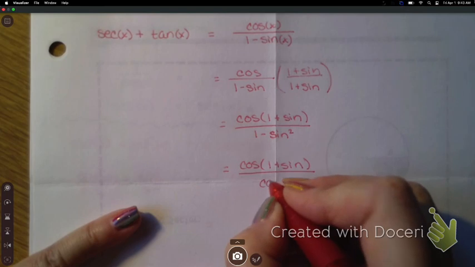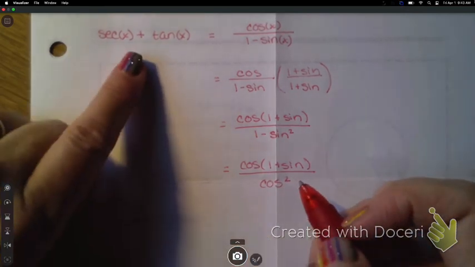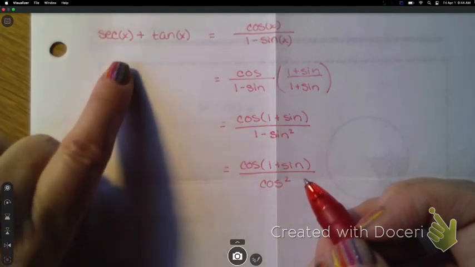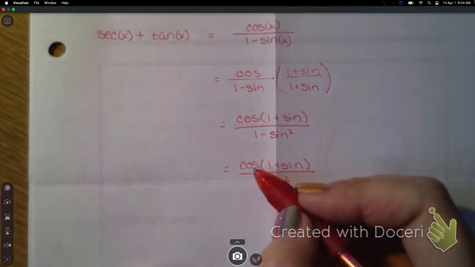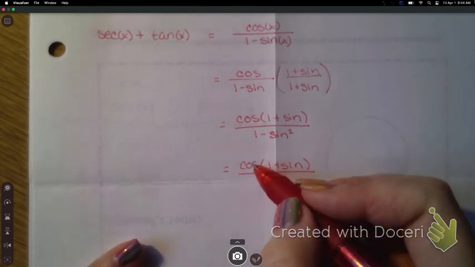Now I'm going to stop you for a second and say, look over at the other one. What is in the denominator of the left-hand side? Cosine, not cosine squared. Could I reduce one cosine out of the denominator? Yes, because they're out of the quantity.